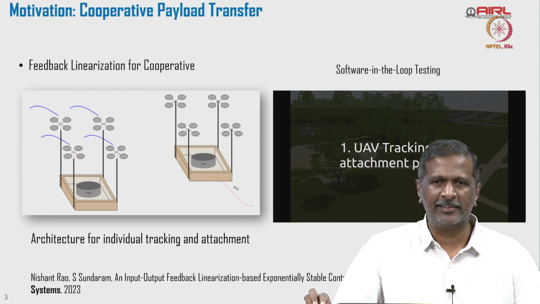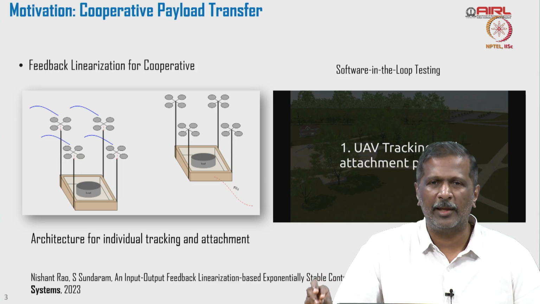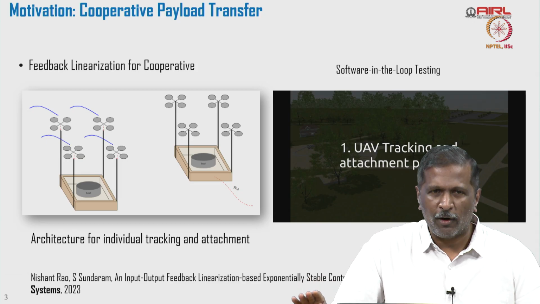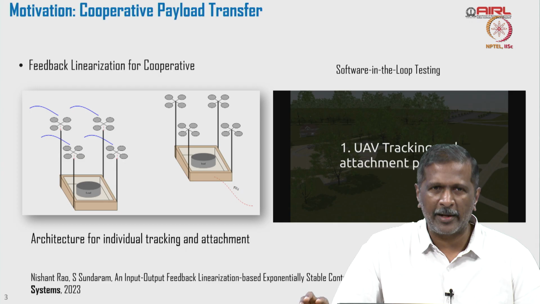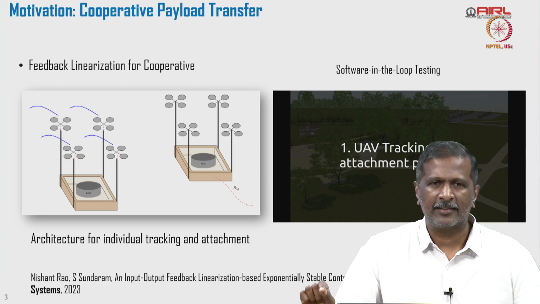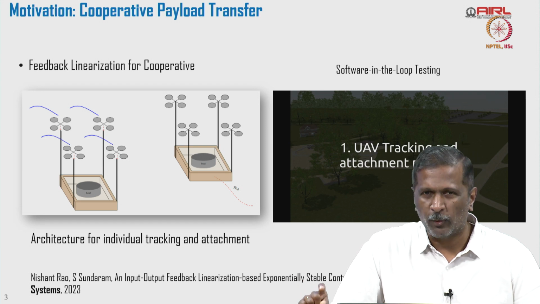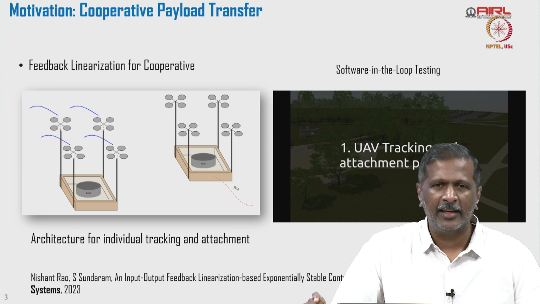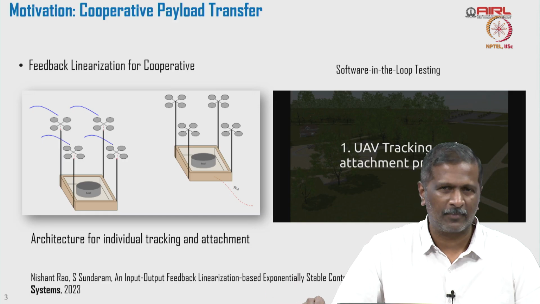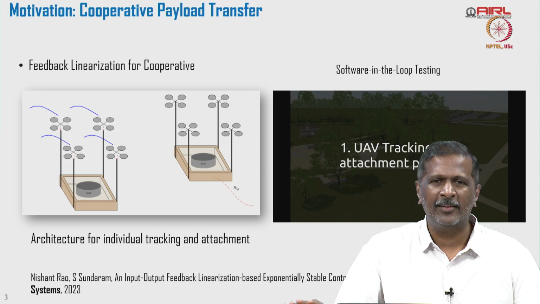Now that alone is not a solution. Let us say they are just carrying from A to B, they all have to cooperatively track the trajectory such that they can go from point A to point B, right. If one drone goes slightly higher, it will induce a force on the others, right. They have to maintain the position so that they can safely transport.